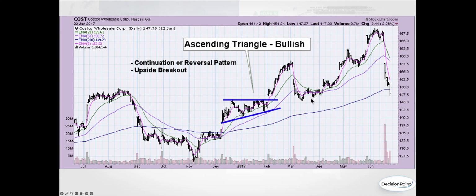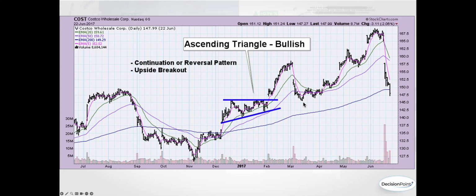It also is helpful for setting stops, right? Because you'll have the price almost come down to that support level. And what you can do is set your stops below that support level. And that will set you up in case the bulls don't win and the bears win out and the price goes down below that support level.